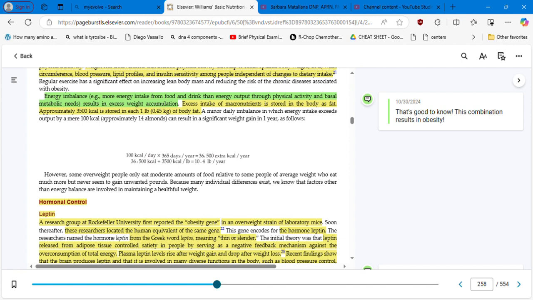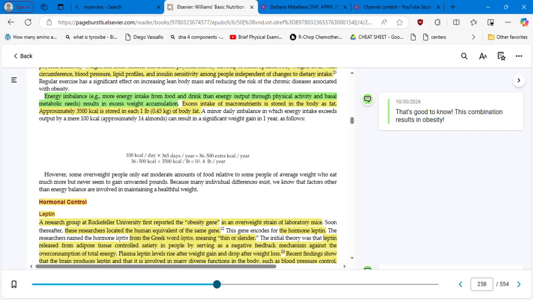So if one person is storing 3,500 kilocalories in 1 pound, right? 2 pounds is going to be 7,000 kilocalories. 3 pounds is going to be 10,500. Okay, so just think about how many pounds is your weight, right?